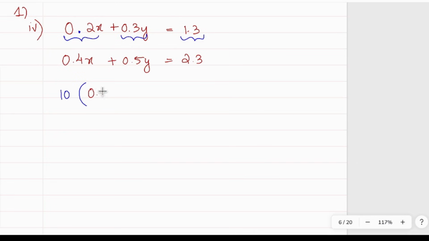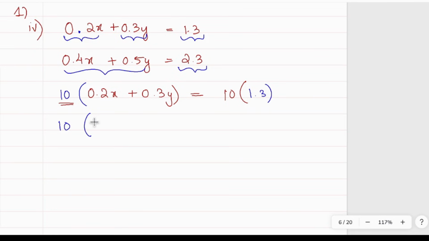That is 10 into 0.2x plus 0.3y. If I multiply by 10 on this side, I need to multiply by 10 on the opposite side also, right? So 10 into 1.3. Similarly here also I can apply the same pattern, right? So I will multiply by 10 over here. 0.4x plus 0.5y equal to 10 into 2.3.